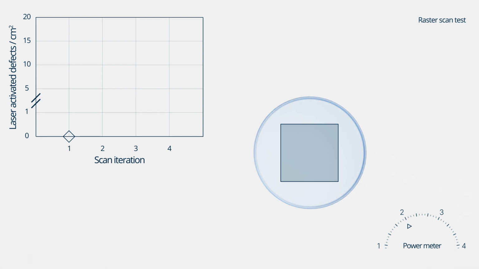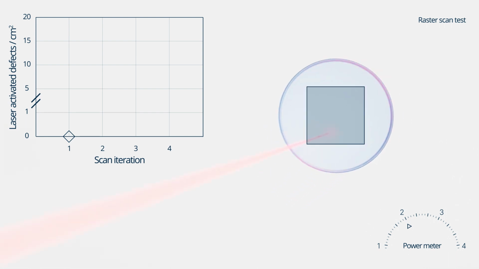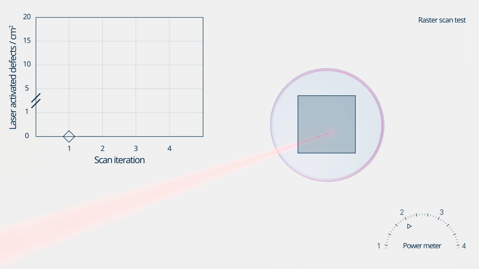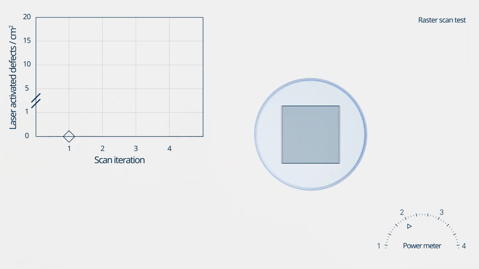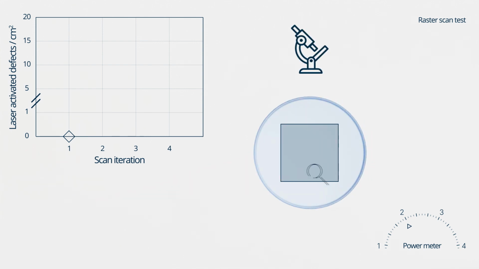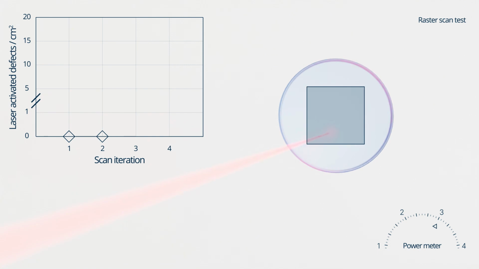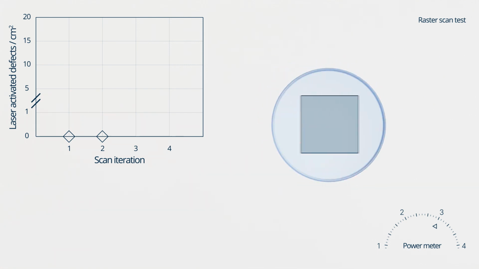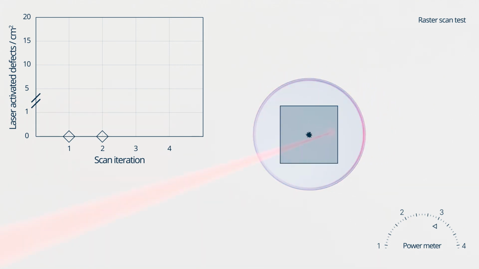The laser of the test system is now set to a higher irradiation level, and the same area is raster scanned again. The irradiation level is continuously increased while the same area is raster scanned again and again.